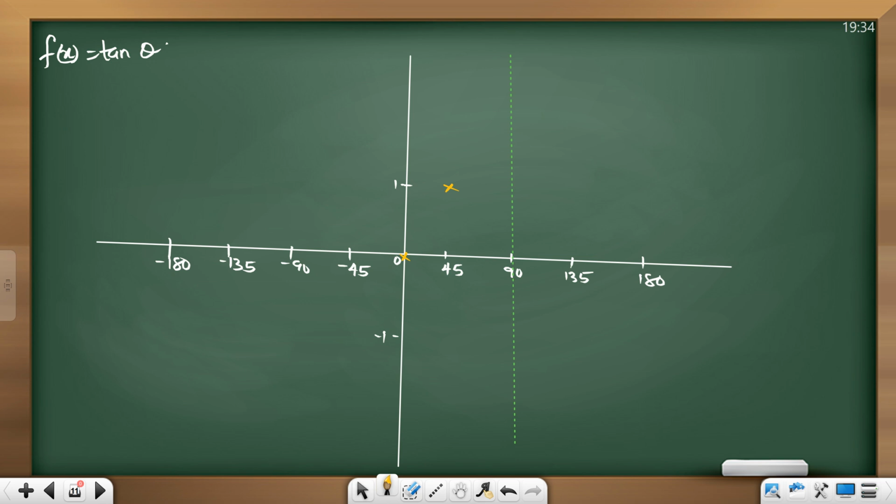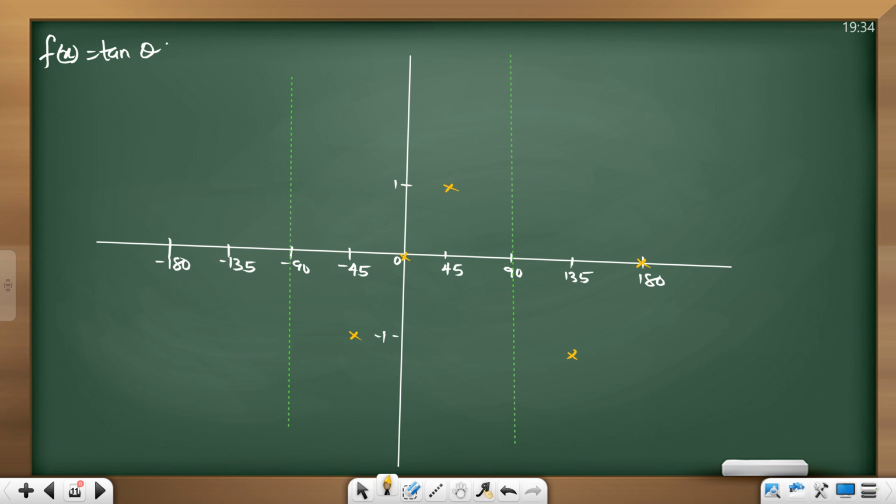What about tan 135? Negative 1. Tan 180? 0. What is tan negative 45? Negative 1. Tan negative 90? Error, which gives me my asymptote.